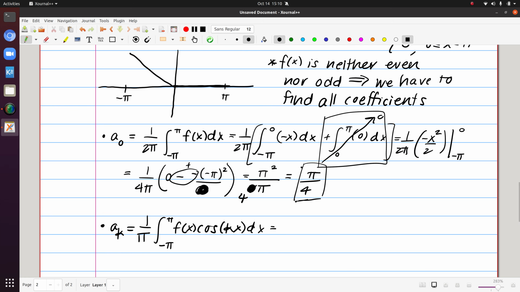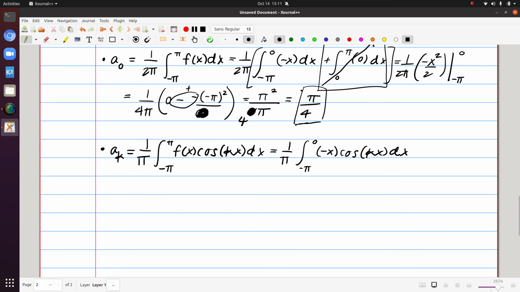So I only need consider the integral from minus pi to 0, where I can replace f of x with negative x. So just like above, I can use integration by parts to evaluate this. So I would let u equal my minus x and dv my cosine kx.